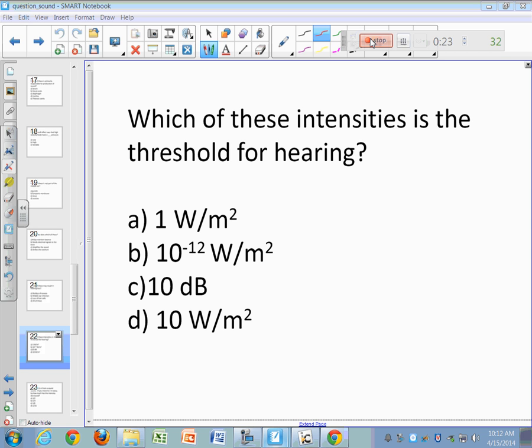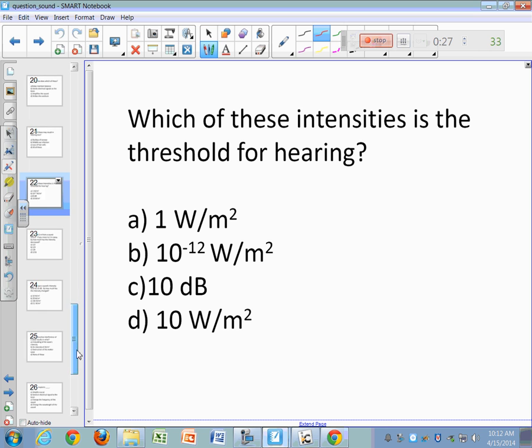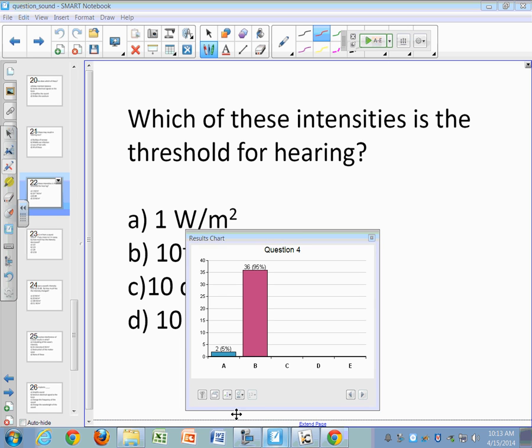Which of these intensities is the threshold for hearing? All right. I'll stop in just a few seconds at, say, 38. All right, B is right.